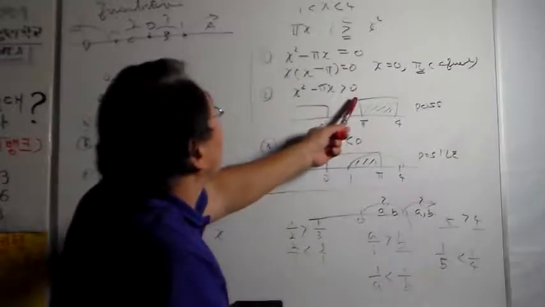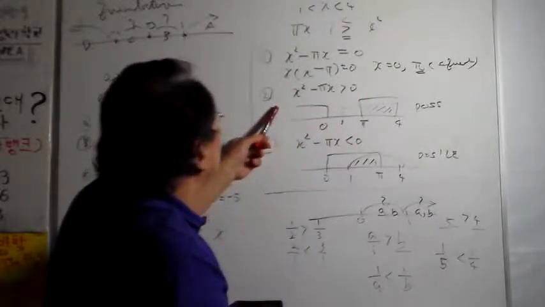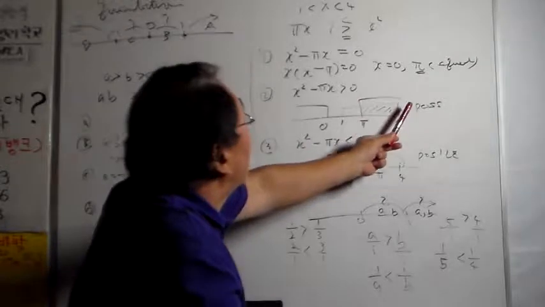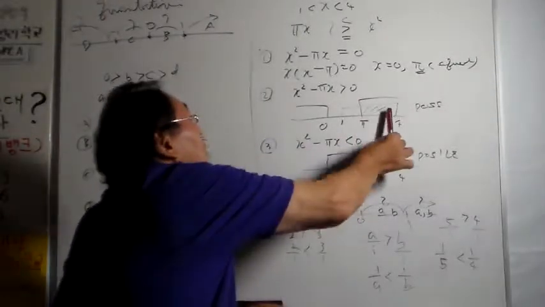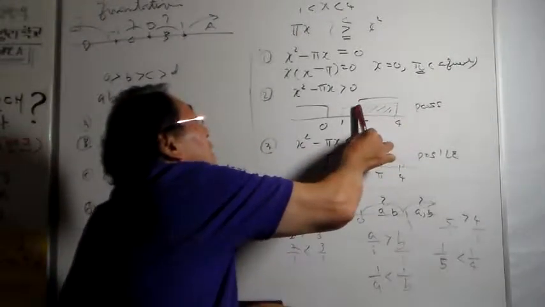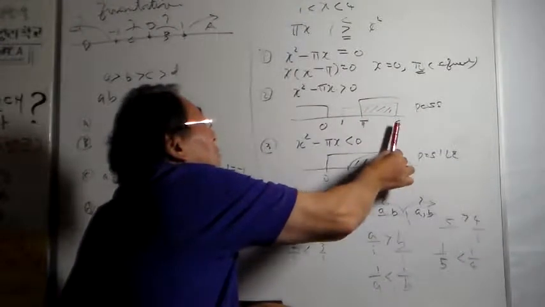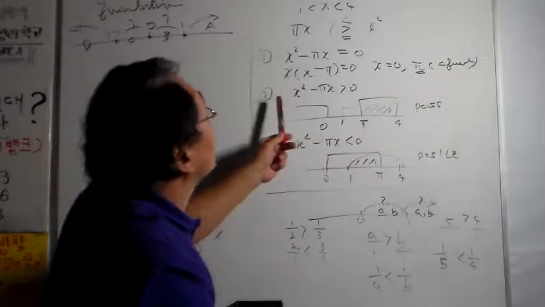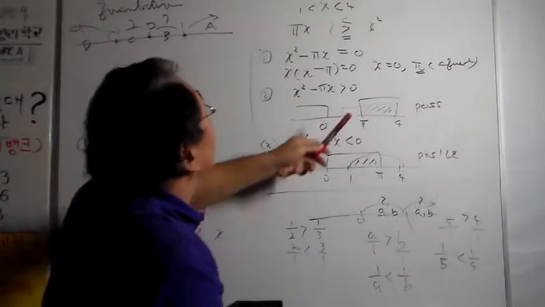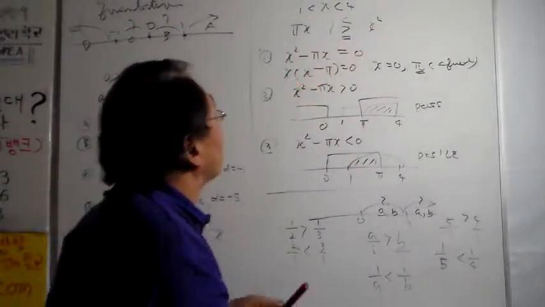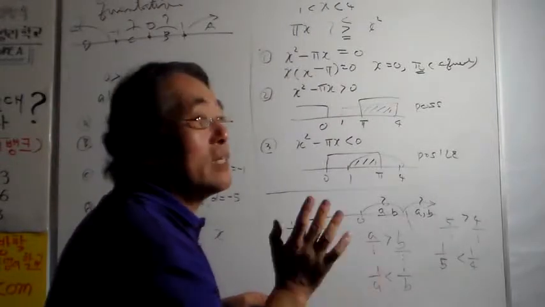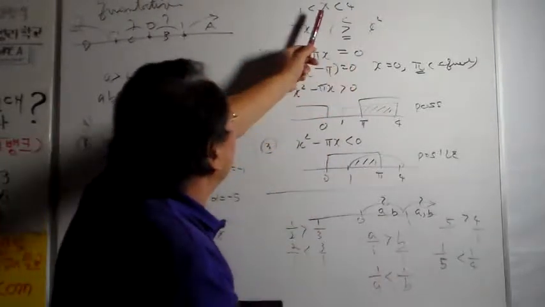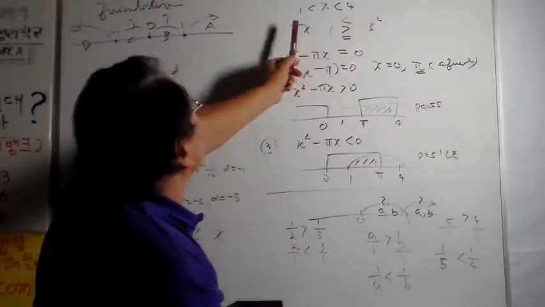Once you solve this, x is less than 0 or x is greater than pi, right? So the common answer is between pi and 4. So that's also possible. That means x squared is greater than pi x.